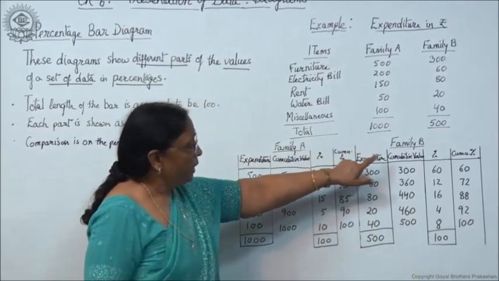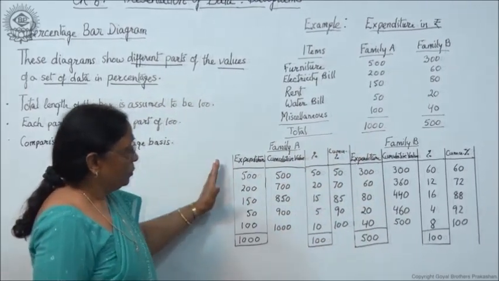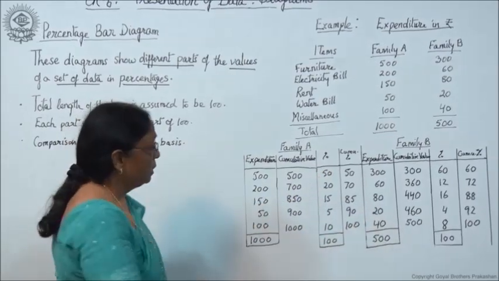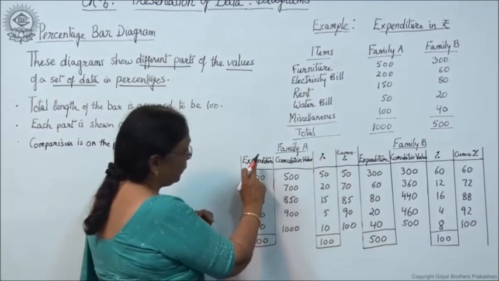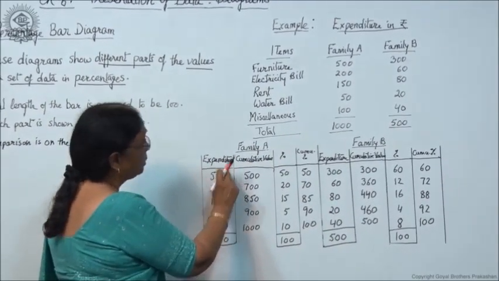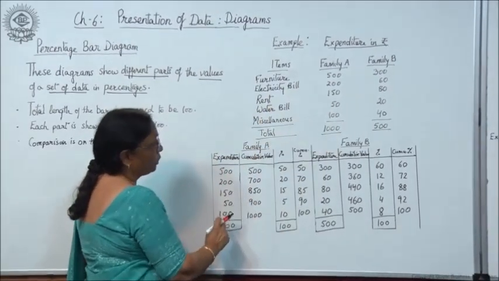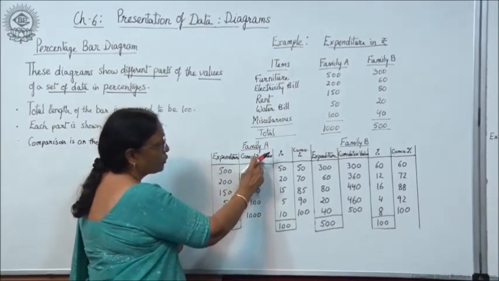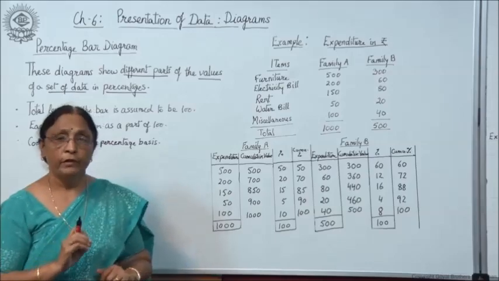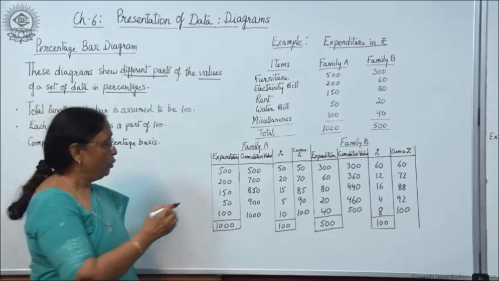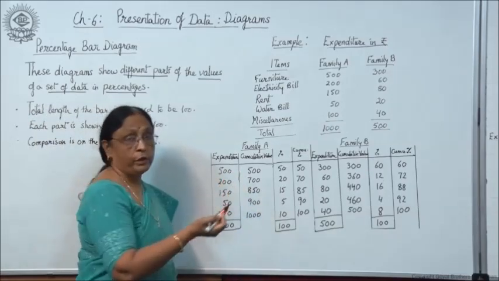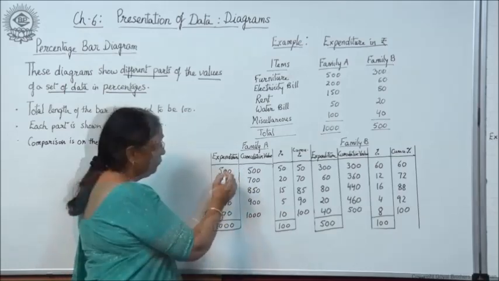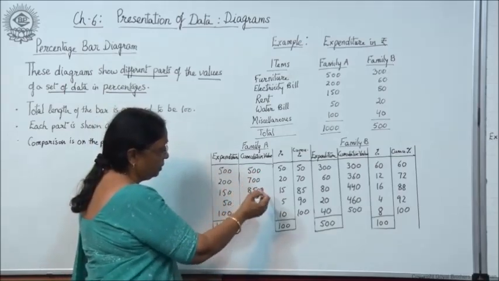Now family A and family B, this is in two parts. The expenditure of family A is this much, what I have noted down here. First we will take out the cumulative value of it. How to take out the cumulative value? As you have done in cumulative frequency distribution, this is added up.